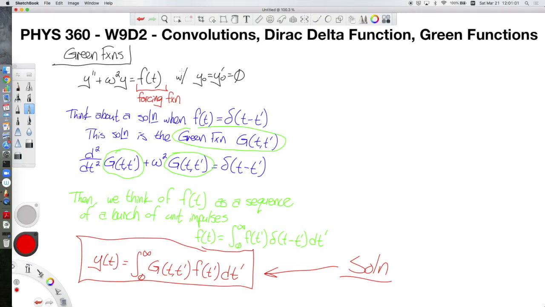And what we really have now when we replace f of t with the delta function is a differential equation that is effectively homogeneous at all points except t equals t prime. So we'll have separate solutions before t prime and after t prime that we will make match up. But that's still an easier problem to solve because it's homogeneous.